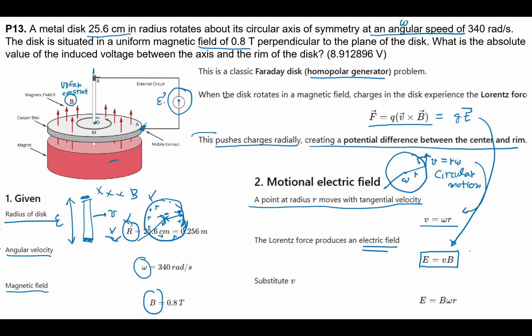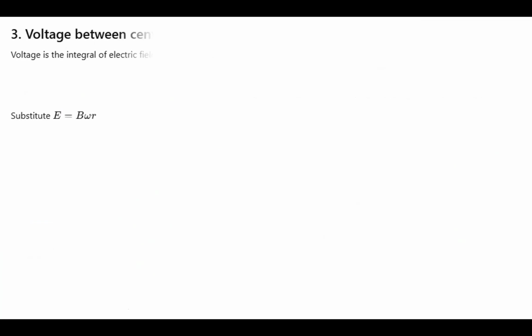Once again, it is very similar to the Hall effect formula. But anyhow, in this case, v is given by omega times r. And then we note that the electric field depends on the radial position.